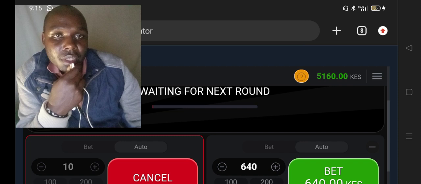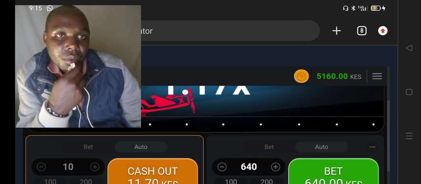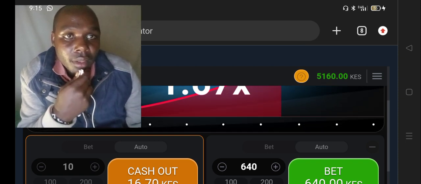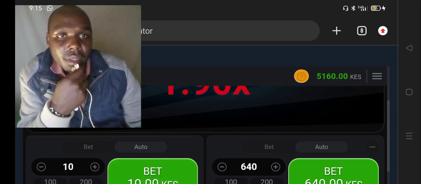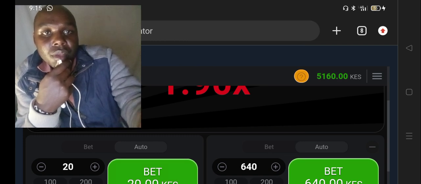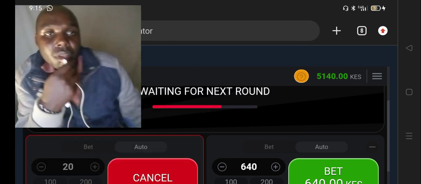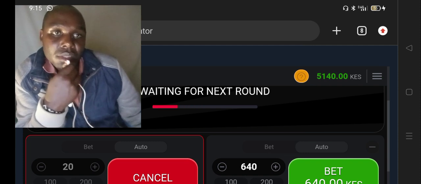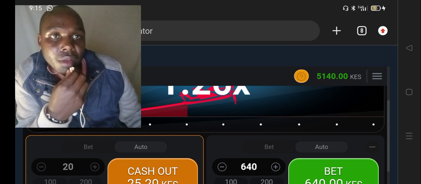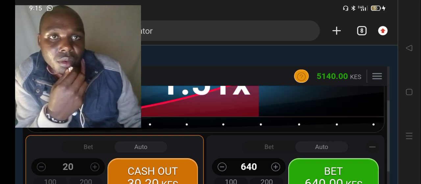Because when you miss a round, especially when you have started doubling your money, you lose a lot of money, and you don't have to blame me for that because I've taught you guys what to do. And when you have a hint, please stick to it. Start with the demo account, and then you will get to know what is going to happen.